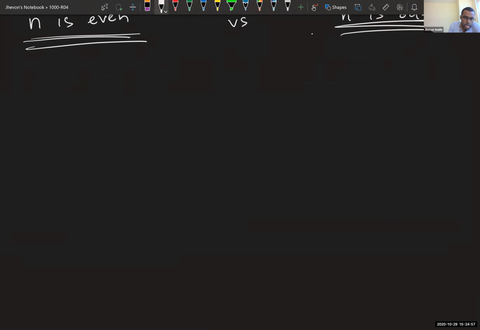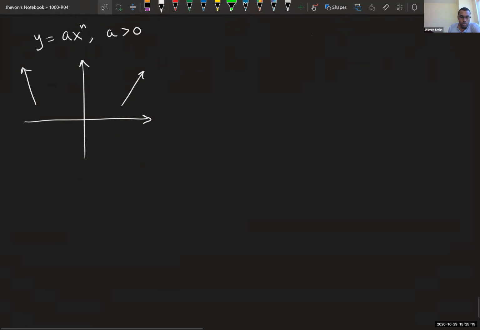So let's say now your y is equal to ax to the n, and let's suppose your a is positive, right? So you have an even power and you have a positive leading coefficient. It means the end behavior, both ends would point up, right? So here the end behavior is, a way that this can be described is as x goes to infinity.